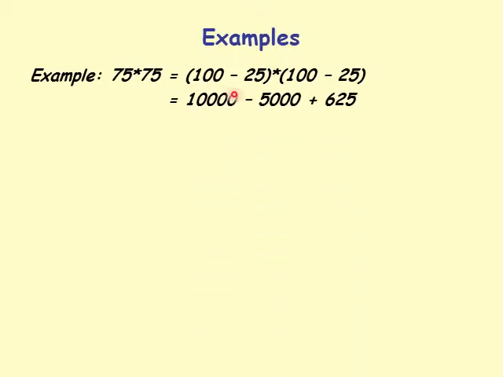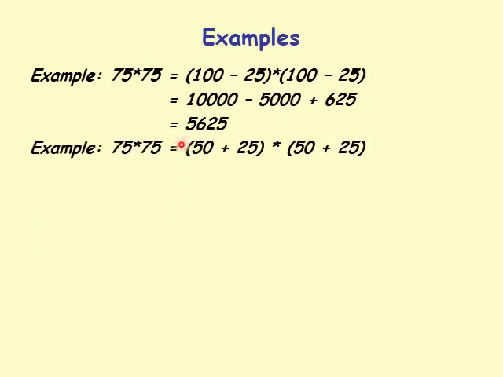A squared is 10,000, minus twice a times b, 200 times 25, which is 5,000, plus b squared, 625. So that's 5625. 10,000 minus 5,000 is 5,000. 5,000 plus 625 is 5625.